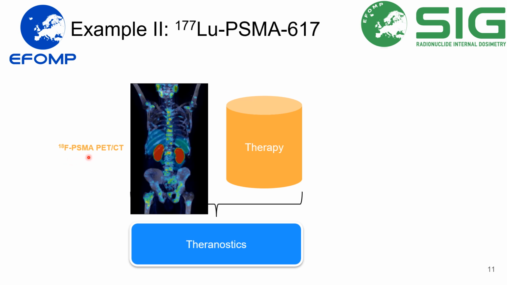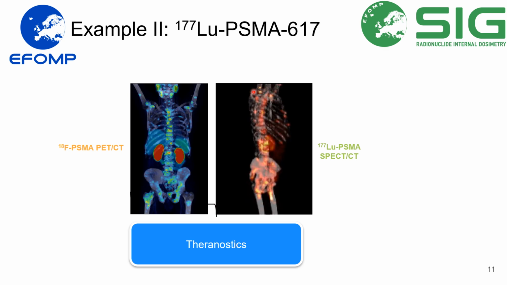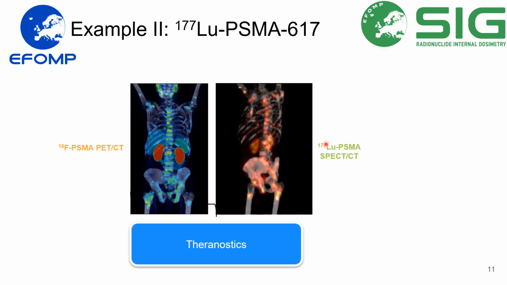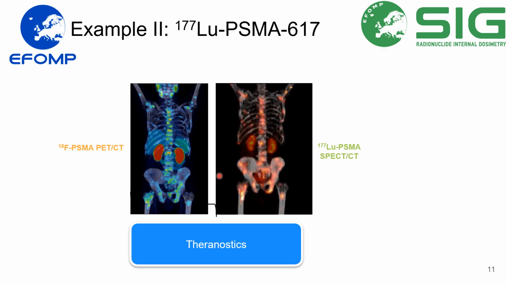And then on the right, what you see is the same image of the same patient, but after therapy. So usually there's a few weeks in between the diagnostic imaging and the therapy application, and then a few hours until the first imaging. You can see it's the same pharmaceutical, the PSMA, but now we have lutetium-177, the therapeutic isotope, and we have a different imaging modality, namely SPECT imaging.